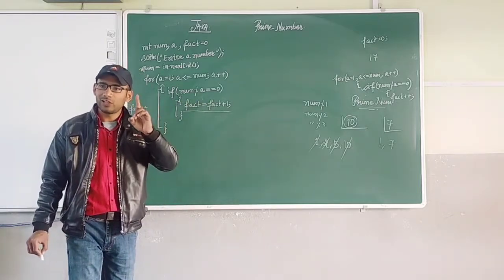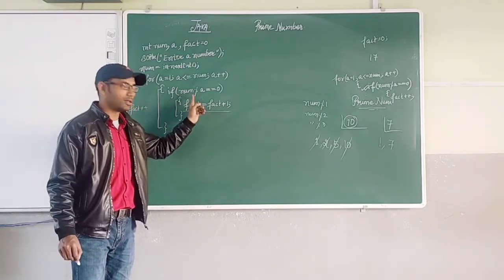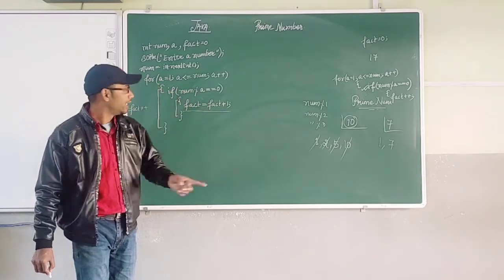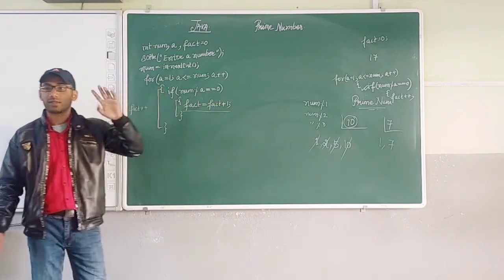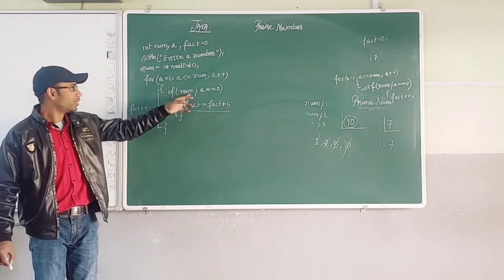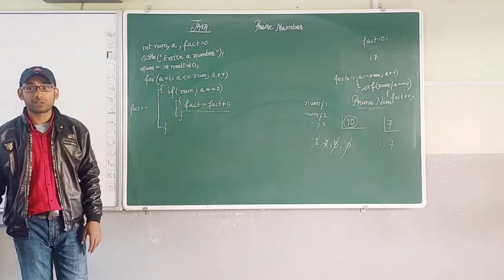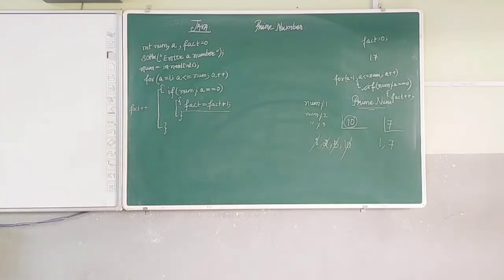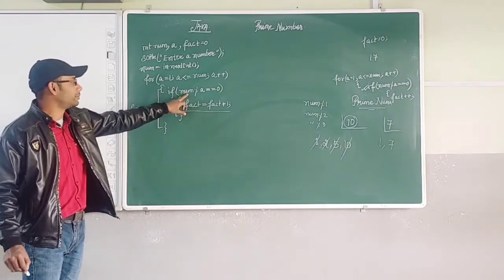For 1, it will satisfy because 1 completely divides num, and for 17 it will completely satisfy. Otherwise, whatever numbers come, 2, 3, 4, 5, 6, 7, 8, 9, 10, 11, 12, 13, 14, 15, 16, all those will not divide num.